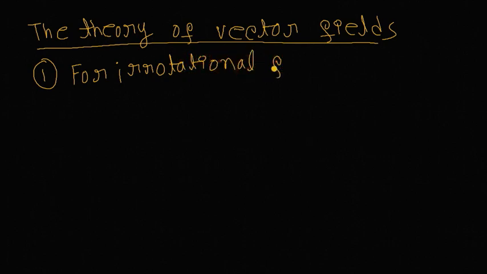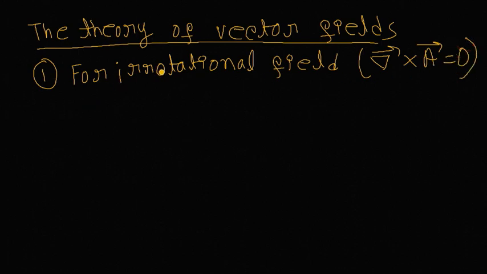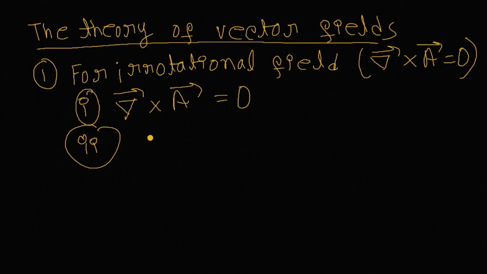Irrotational field means that del cross A equals 0. So for irrotational fields, there will always be del cross A equal to 0. Number 2 is that the integration from A to B of A dot dl is independent of path.